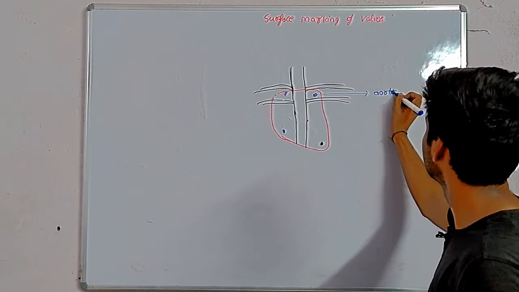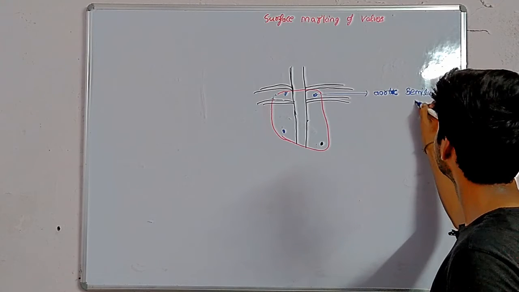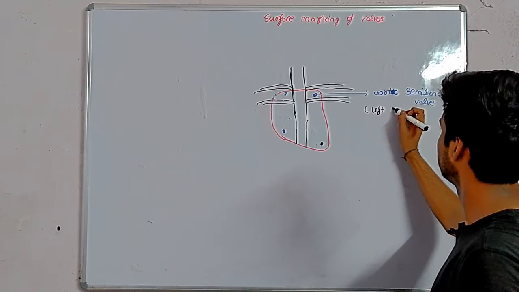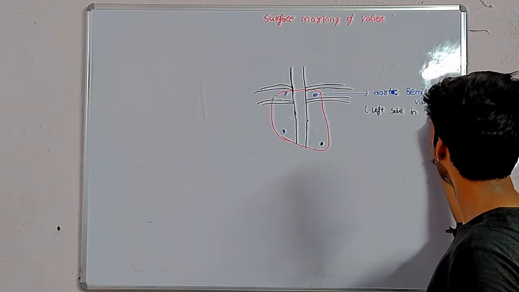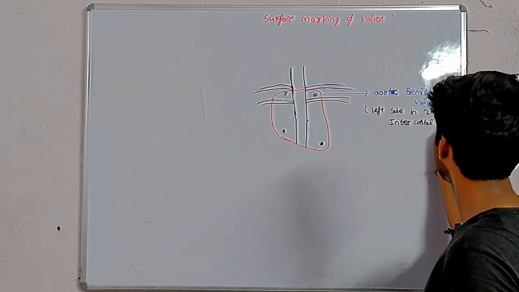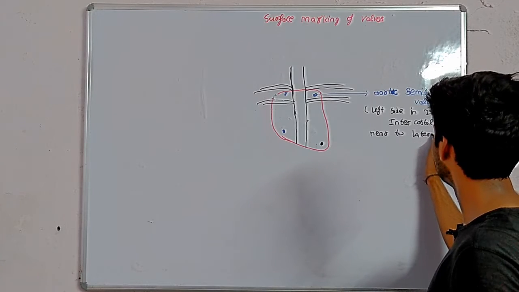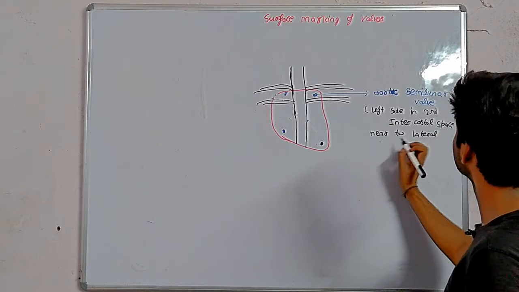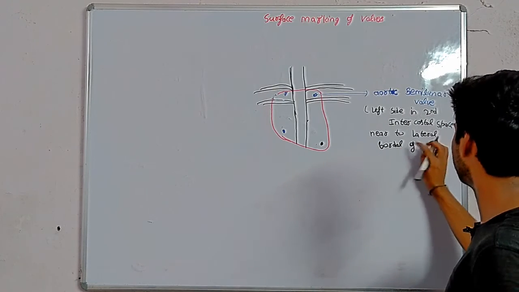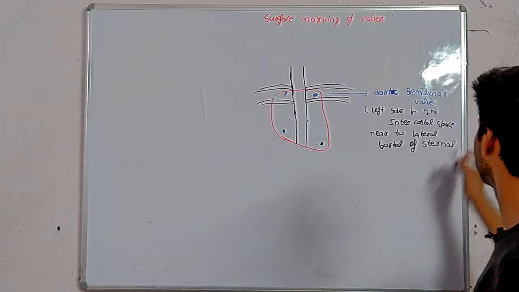It is present on the left side, in the second intercostal space, near the lateral border of the sternum. Done. So this is the first, the aortic semilunar valve.